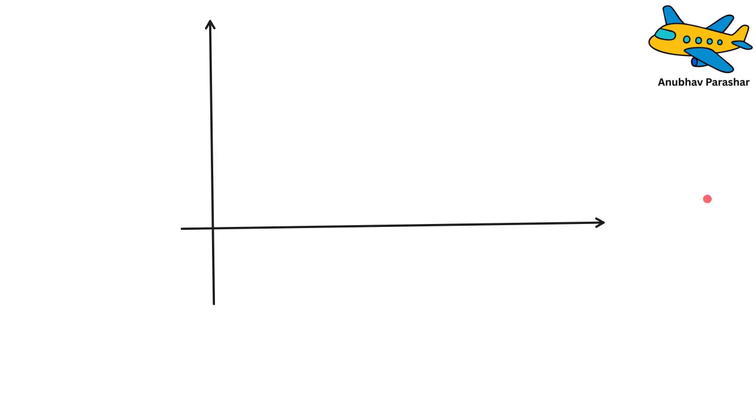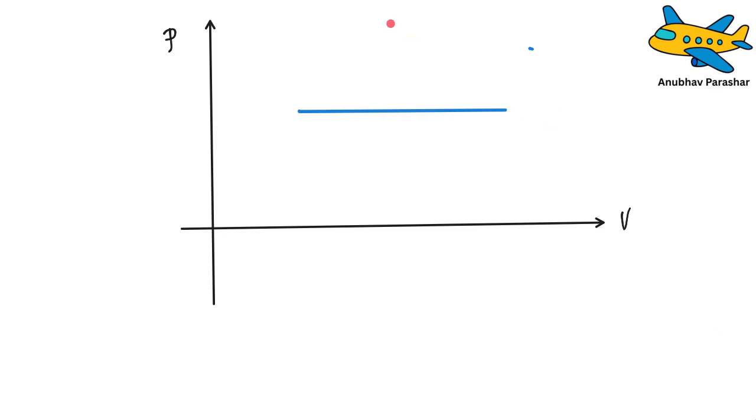So let us start with the PV diagram. The x-axis is the volume, and the y-axis is the pressure. So I'm taking up processes. Now watch me. If the pressure is equal to constant, definitely this is going to be a straight horizontal line like this.